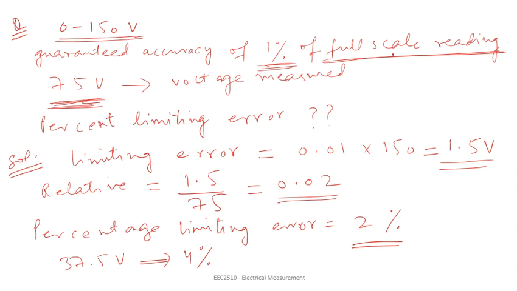So what we infer from here is that the percentage error will increase as the voltage being measured decreases. While selecting different instruments, you have to take care with regards to the range, that the values which you have to measure should not lie in the lower half or the lower range.